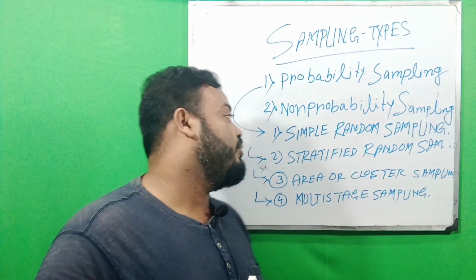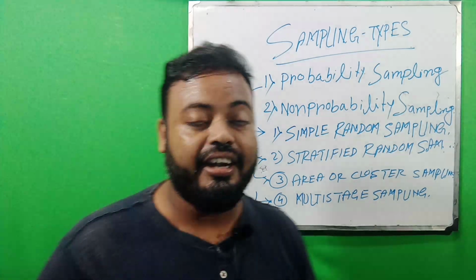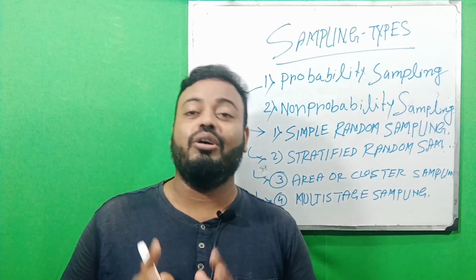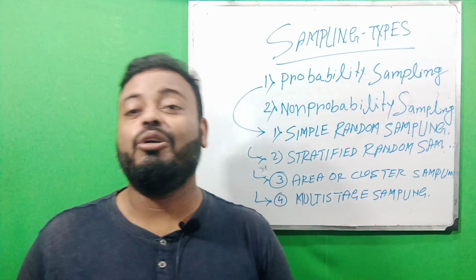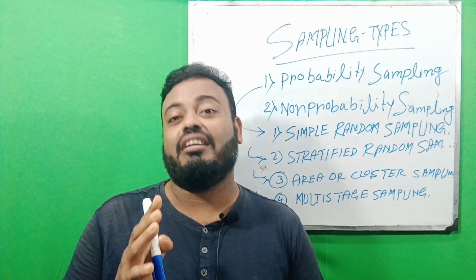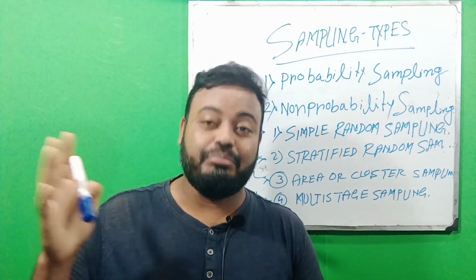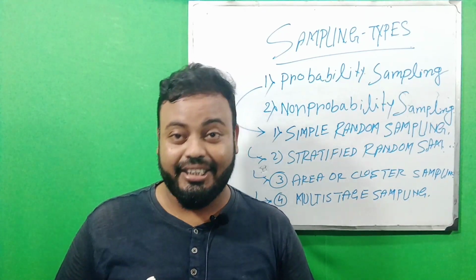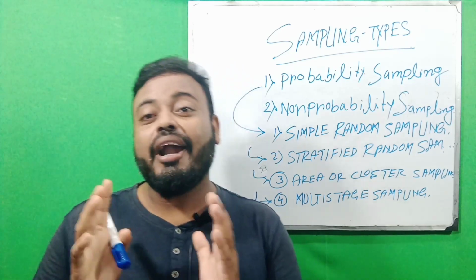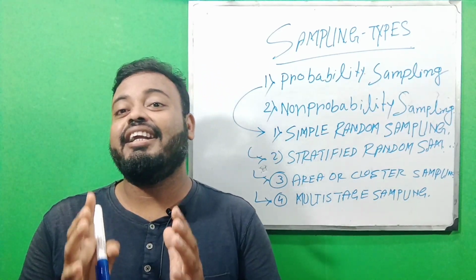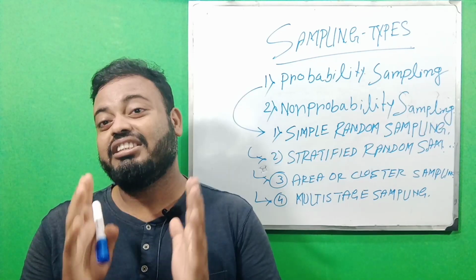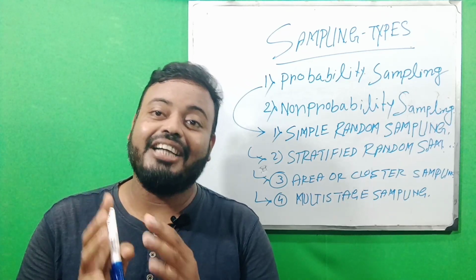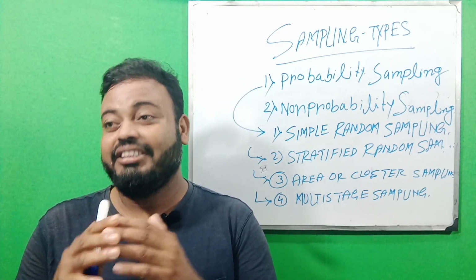And next we know about stratified random sampling. When we collect data from the society or from the selected areas, we are aware that the selected data will have some strata, like some religions, some castes, some genders.